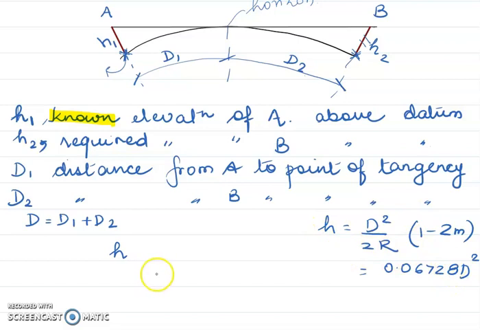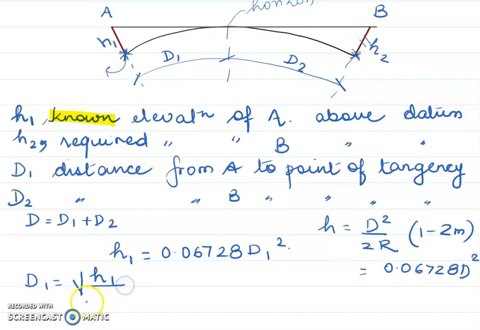So I substitute this and I get h1 is equal to 0.06728 d1 squared. This gives me d1 is equal to the square root of h1 upon 0.06728, which is equal to 3.855 times the square root of h1.